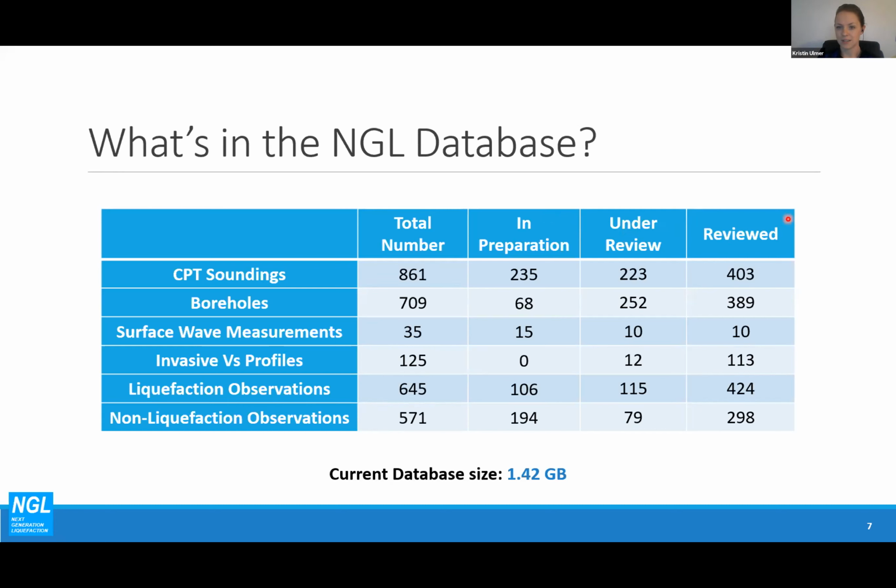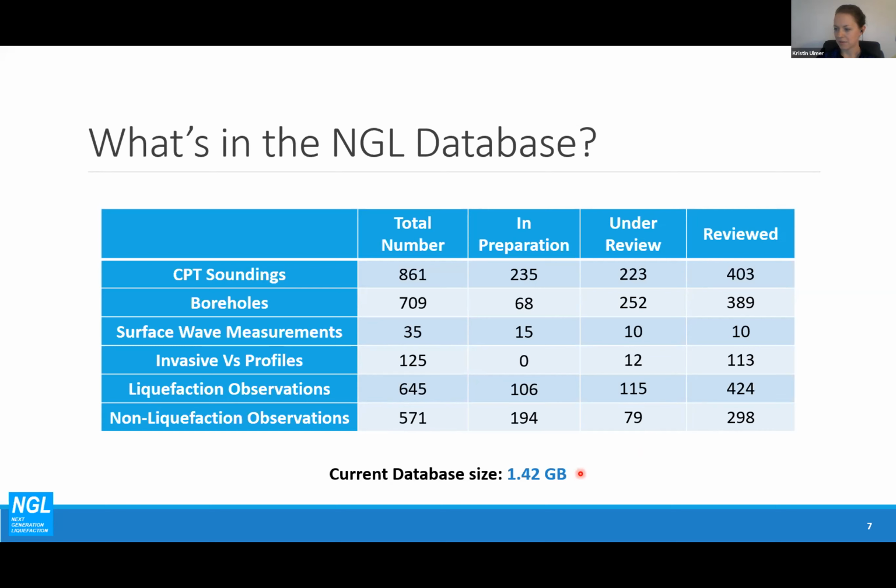And then the final stage of development of data in the database is for something to be fully reviewed. So that means it's been reviewed by 2 separate members of the database development group. And the review process itself is intended to make sure that the information is correct, there's no typos, the information is complete, that if you're trying to do a liquefaction assessment, there's a groundwater table, other things that you actually need to be able to evaluate liquefaction.